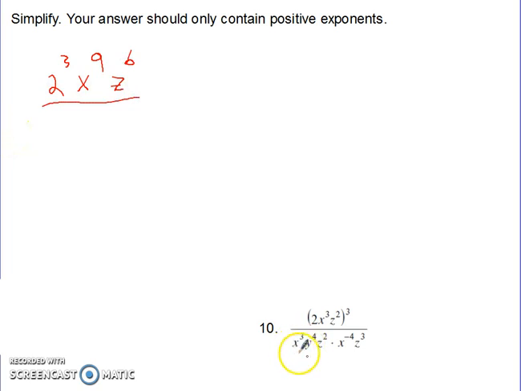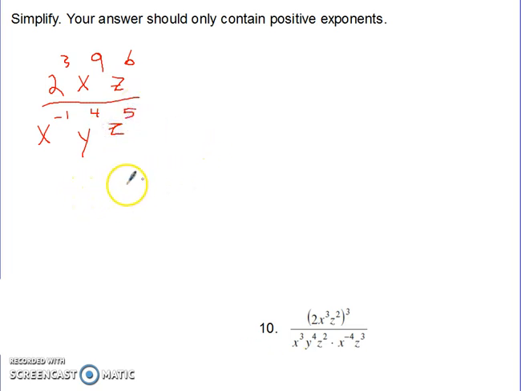And I recognize that I have the same bases multiplied in the denominator. I'm going to take the 3, add it to the minus 4, giving us a minus 1. And the little y has the same base down, we have a y to the fourth, and then a z to the second times a z to the third. Adding exponents will give us a z to the sixth power.